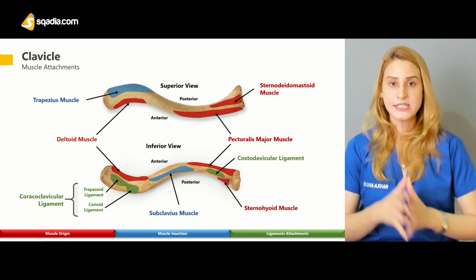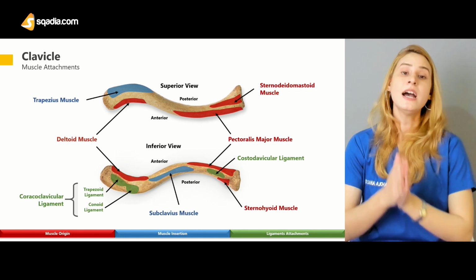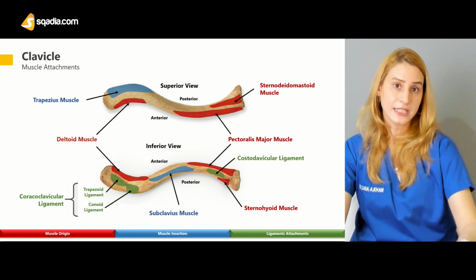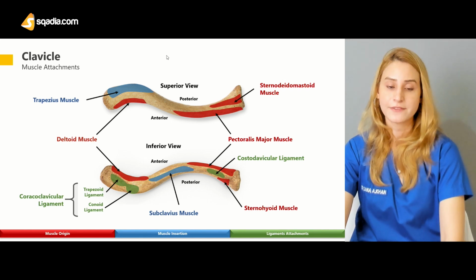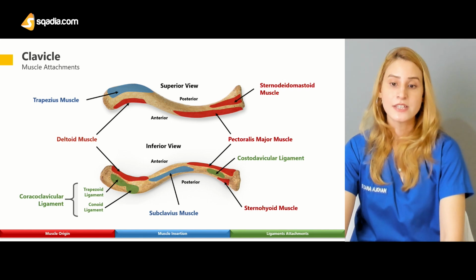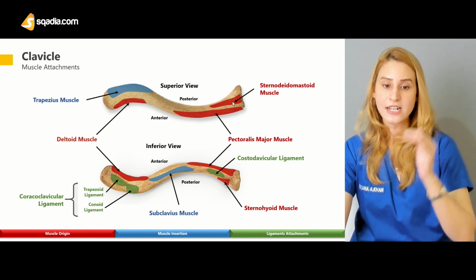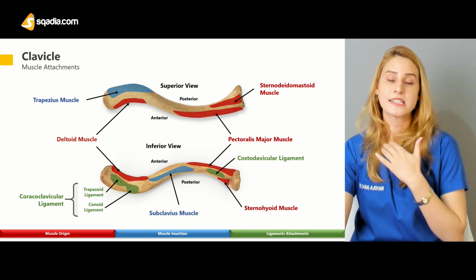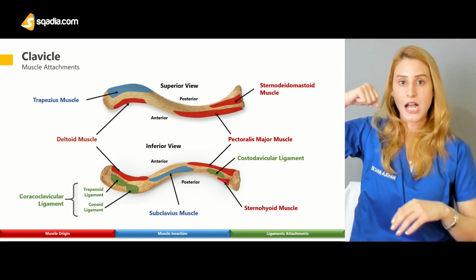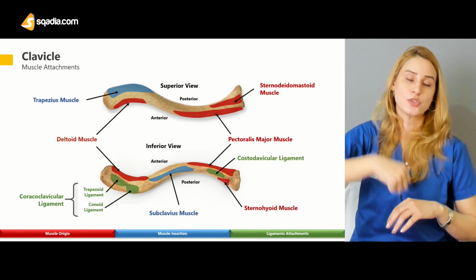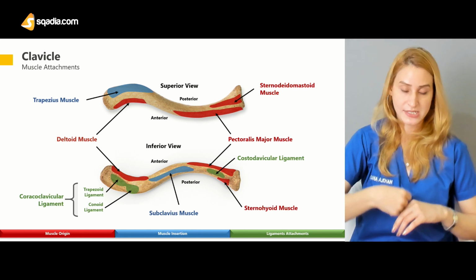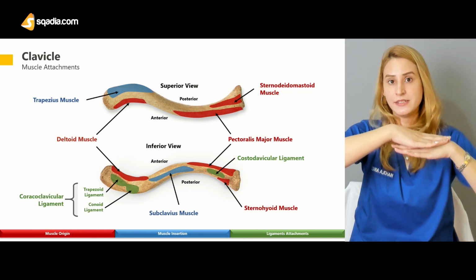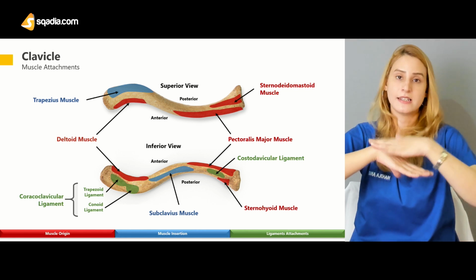So remember, the attachments are very important. The clinical implication is that if there is a fracture of the middle third of the clavicle, the sternocleidomastoid is attaching to the medial end. So let's suppose this is the medial end and this is the lateral end.